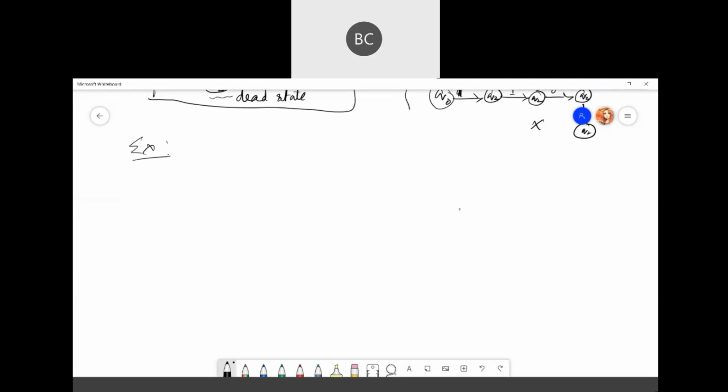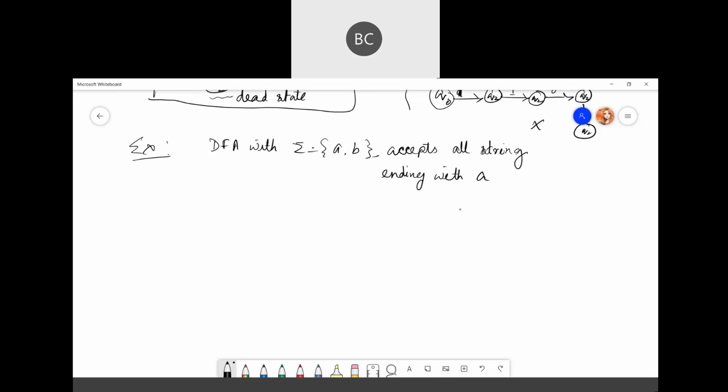Now we have to construct a DFA with input symbols A and B. It will accept all strings ending with A. In the previous example, I showed you starting with 0, and here I'm showing the ending with A. Just that the input symbols are different.